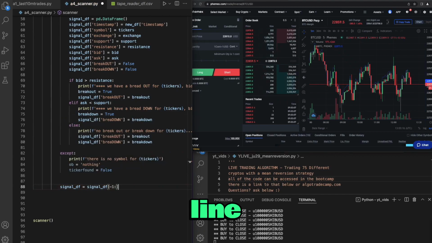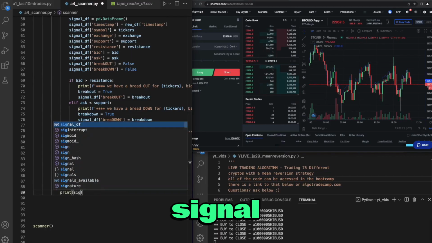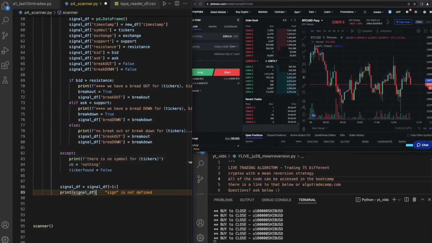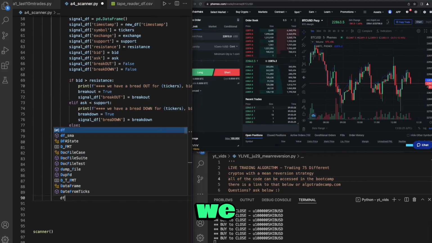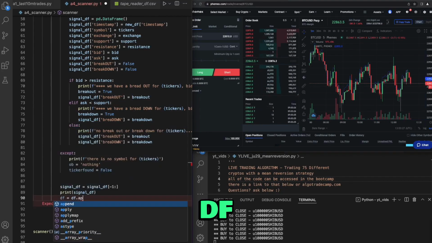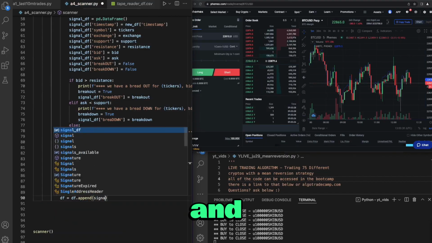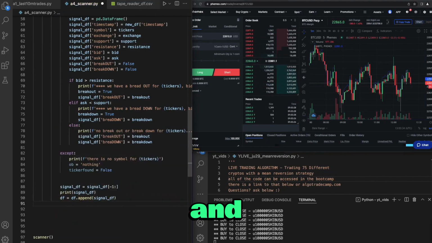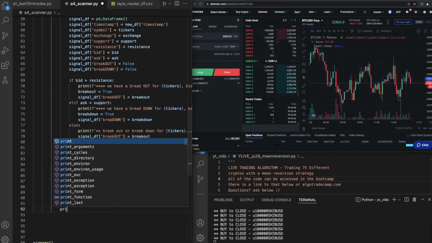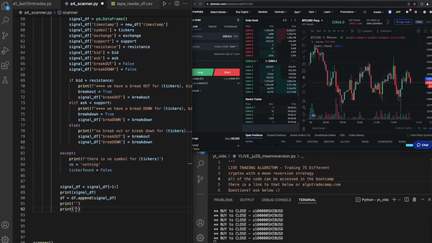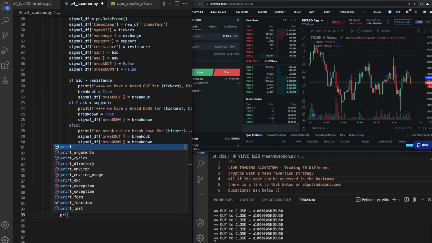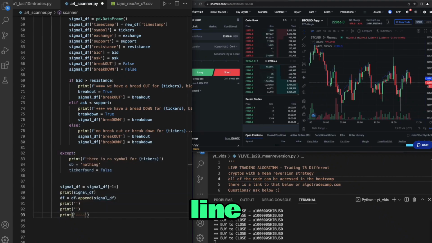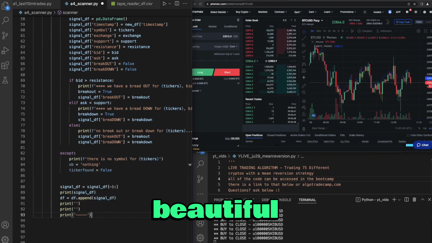So we just want the last line of the signal df essentially. And then we want to print signal df. And then we want to append it to our regular df and say signal df here. And then let's print some space because it'll just look nicer. And then let's put a nice little line here so we can make it look beautiful.